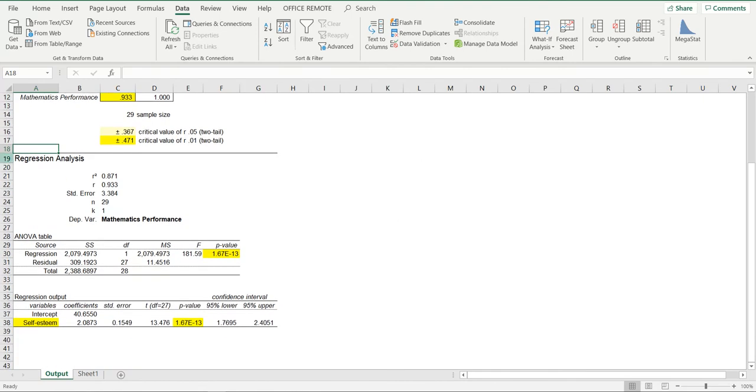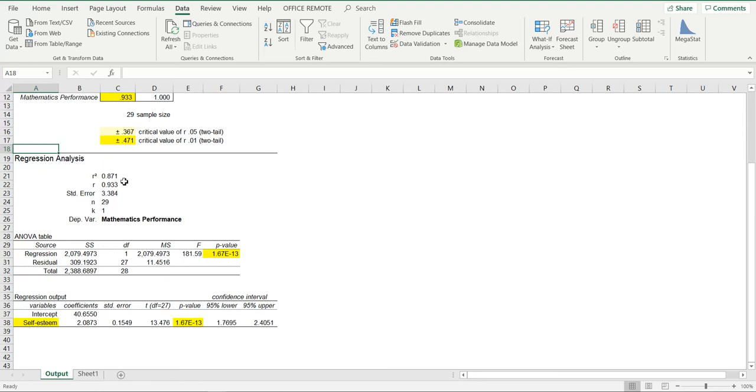In the regression analysis, we can see here that the R squared is 0.871. If you can still remember from your statistics and probability subjects in grade 11, this R squared will tell us how many percent of the data is being explained by the model.